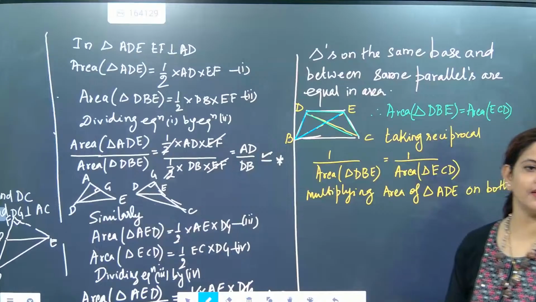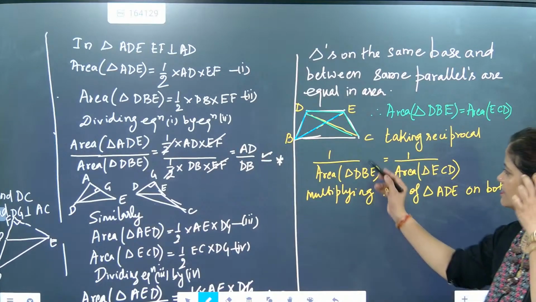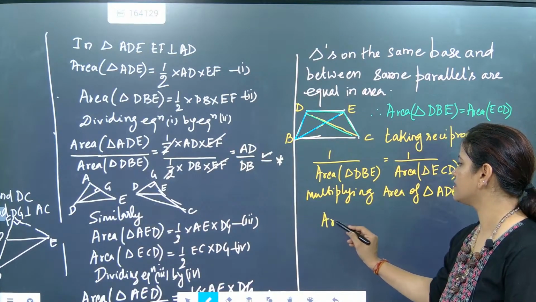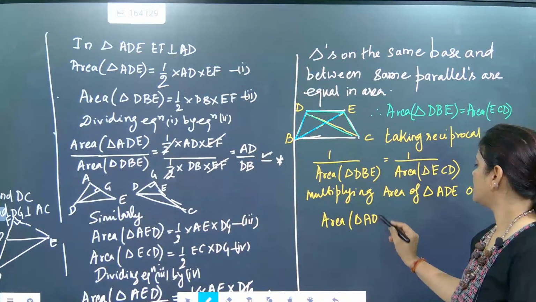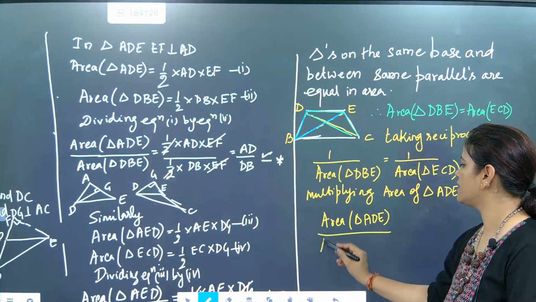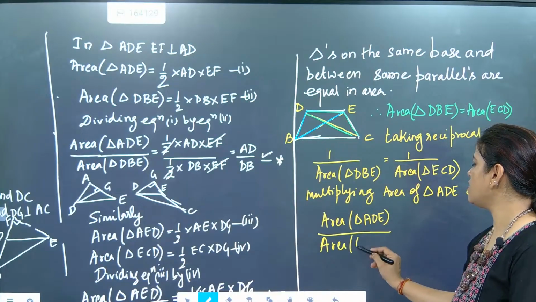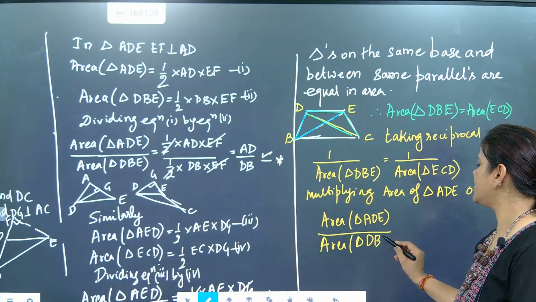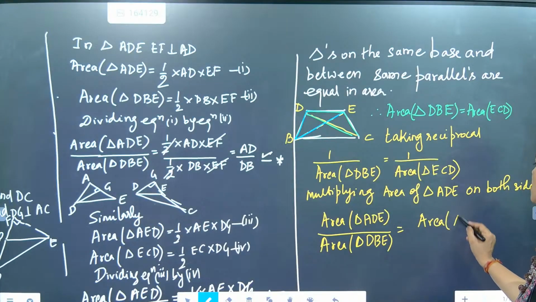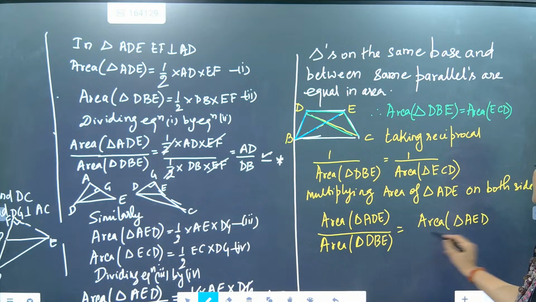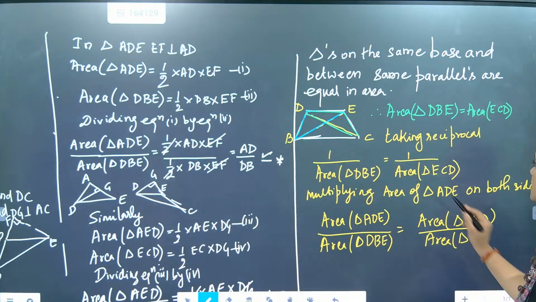What will be there on this side? Check. Area of triangle ADE by area of triangle DBE is equal to, here it will become, area of triangle AED by area of triangle ECD.